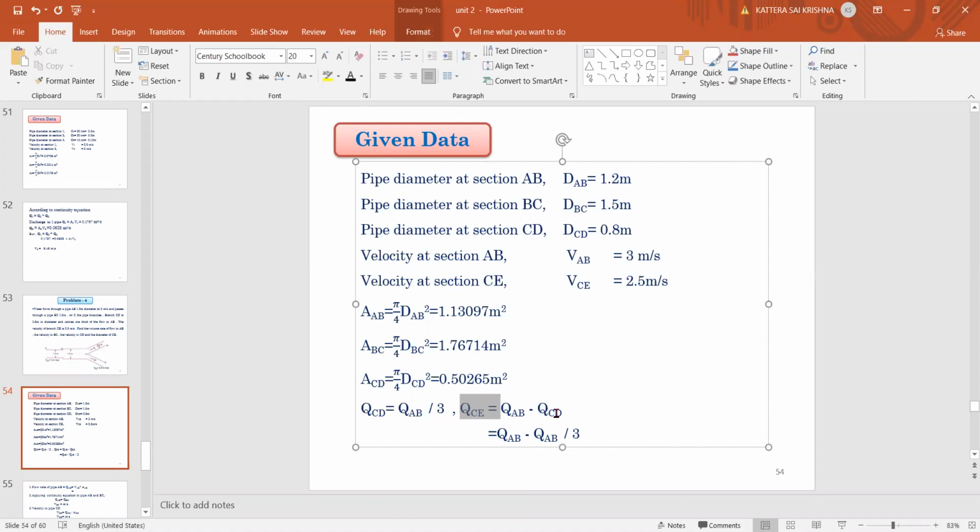Any doubt in this? Are you able to understand what I'm telling? So QAB equal to QCE plus QCD, and from that, we can find QCE equal to QAB minus QCD.